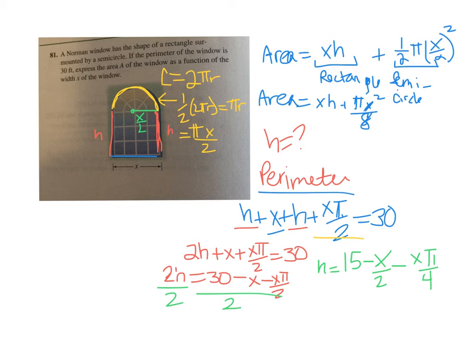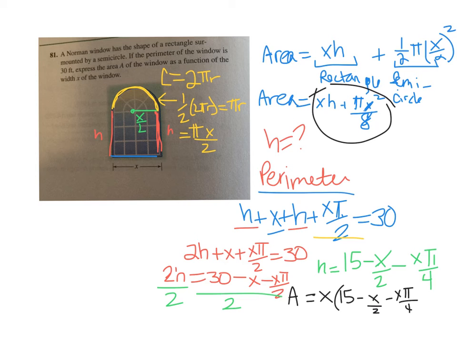So the last thing I have to do for this problem is plug all of that into this area expression that I have up here. So I'm going to write it all out. I end up getting that area A is equal to x times this whole entire h that I have, plus pi x squared over 8.